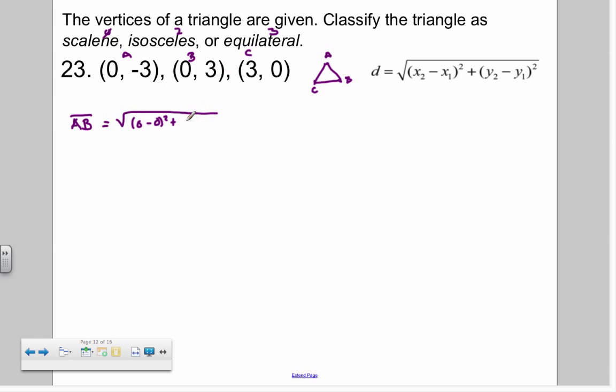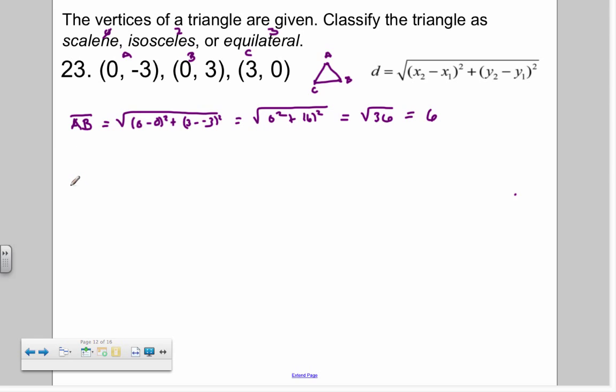My y2 would be 3 in this case, minus negative 3 squared. So let's simplify here. I'm going to have 0 squared plus, and 3 minus negative 3 is 6 squared. Finally, 0 squared is 0, and 6 squared is 36. So I have the square root of 36, which is 6. So my first side AB has a length of 6.